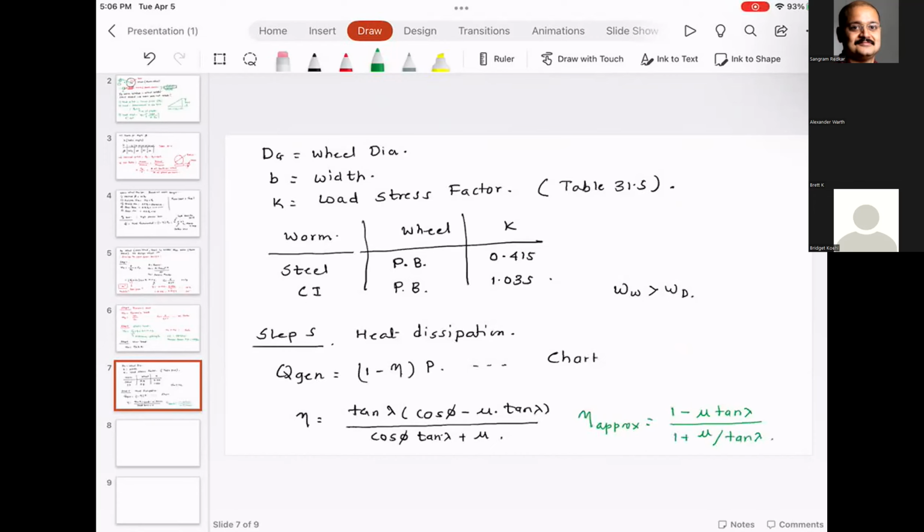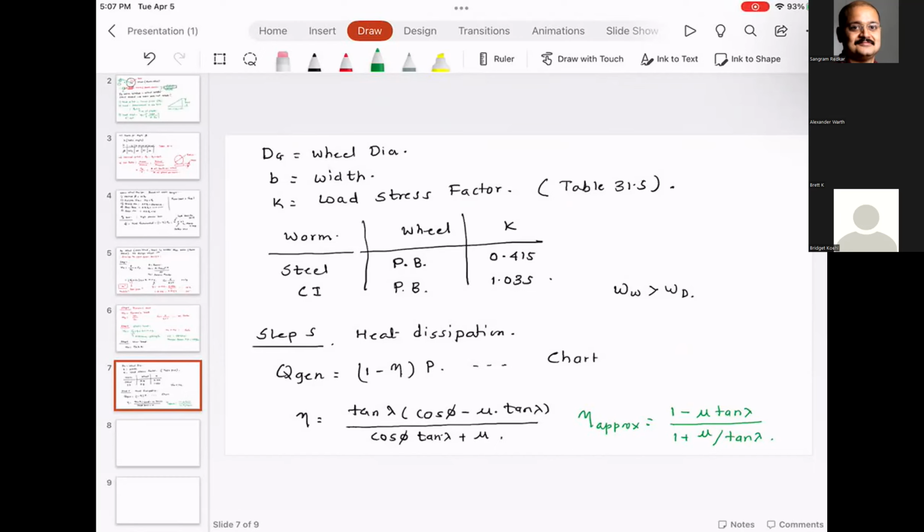Here mu is the coefficient of friction, usually somewhere between 0.2 to 0.3. You can use either the empirical relationship or look at the design data to get the appropriate value of the coefficient of friction.